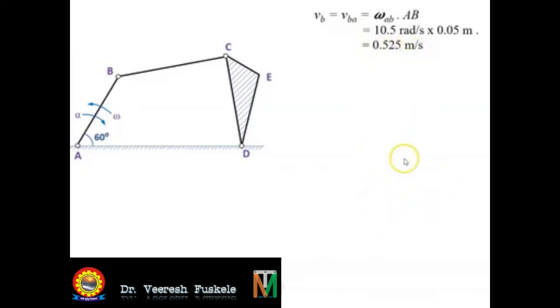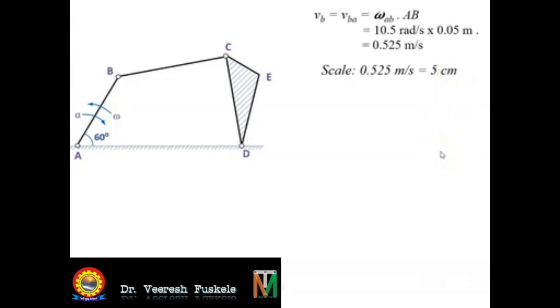In order to draw the velocity diagram, we again have to take a scale so that we can represent this meter per second velocity in linear dimension, that is in centimeters. So we are taking a scale where 0.525 meter per second will be represented by 5 centimeters.